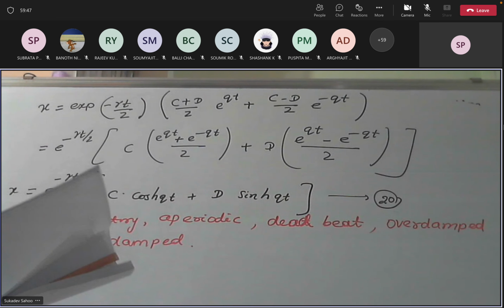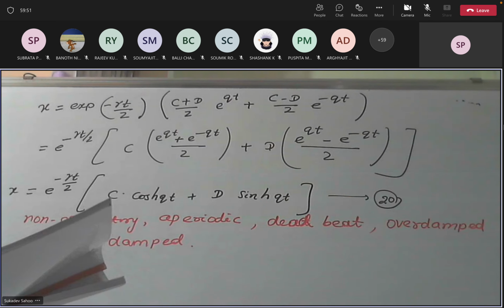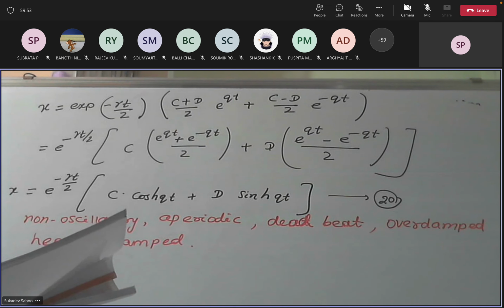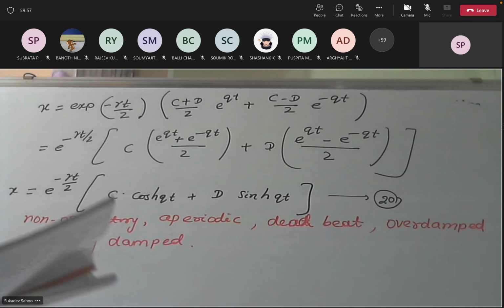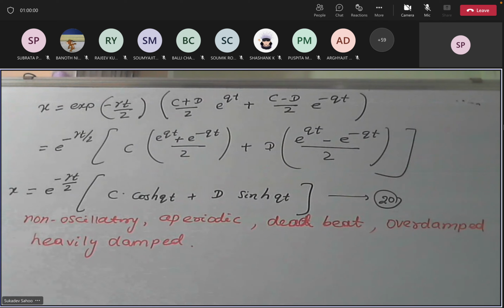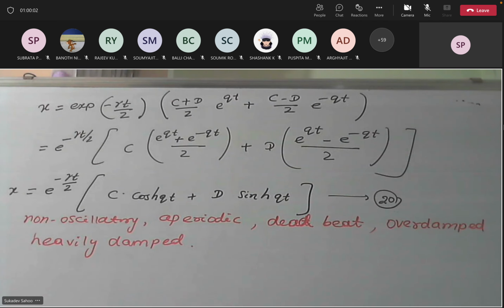This type of motion is found in an aperiodic moving coil galvanometer or a pendulum immersed in a highly viscous liquid.